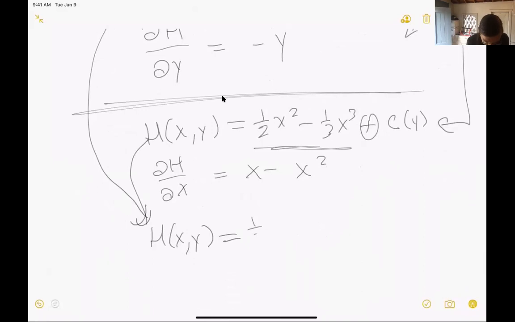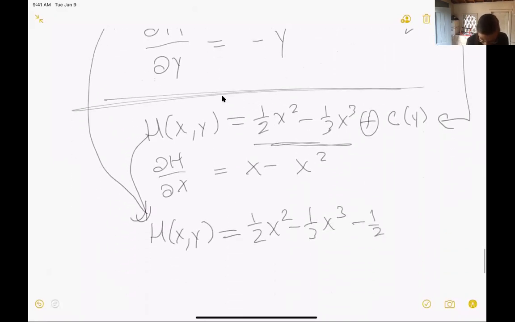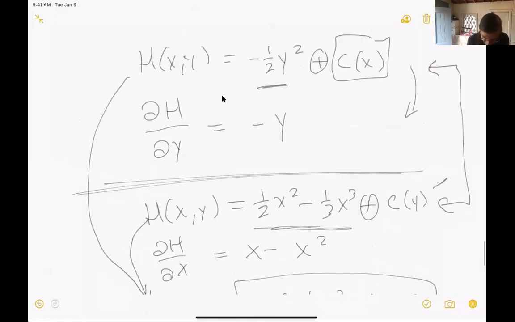So we get 1/2 x squared minus 1/3 x cubed, and we have minus 1/2 y squared. Right, this function is simultaneously of this form and of this form. Good. All right. So that's how they got it.